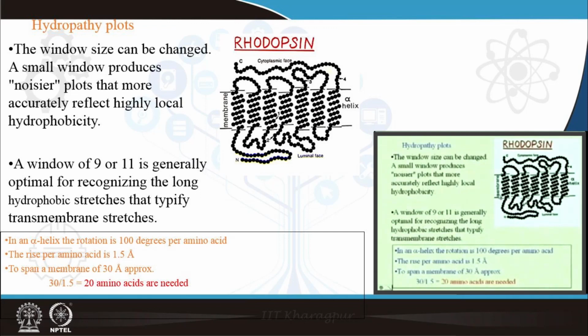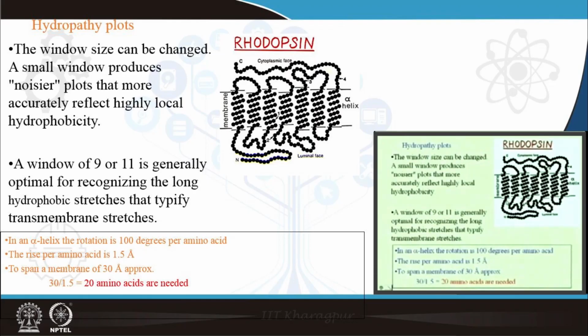Now if we have a membrane that is around 30 angstroms, we know that the rise per amino acid residue is 1.5 angstroms. What is that? That is the vertical rise per amino acid residue.